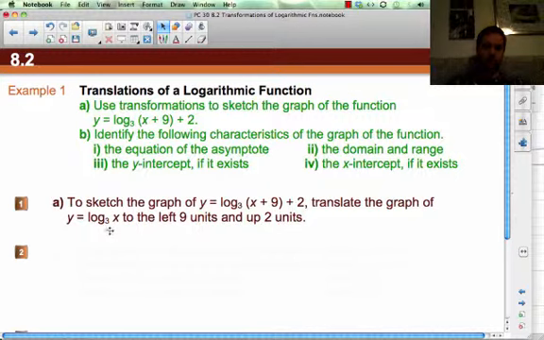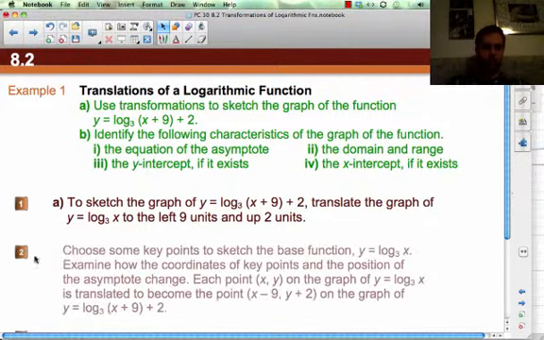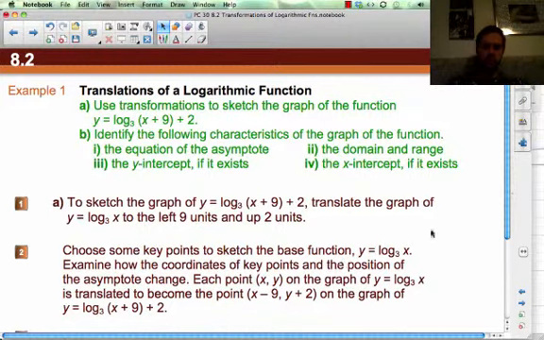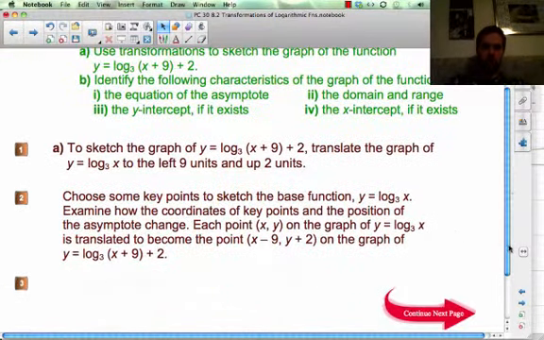So we just start with this graph, log base 3 of x. So we only have a translation. B is 1, A is 1. So we only have translation, which is left 9 units and up 2 units. Choose some key points to sketch on the base function and examine how the coordinates of some of these key points and the position of the asymptote will change.